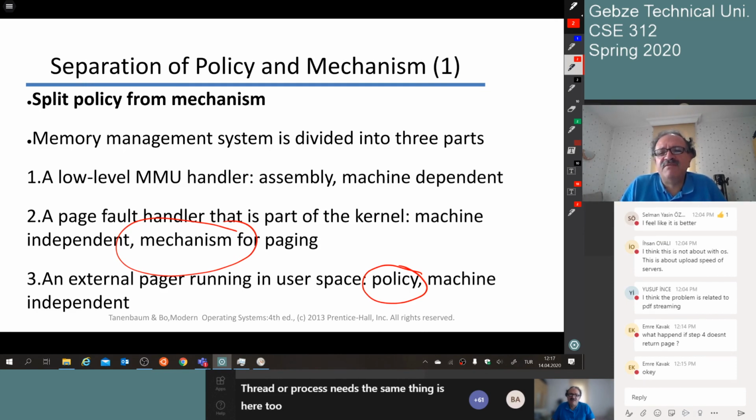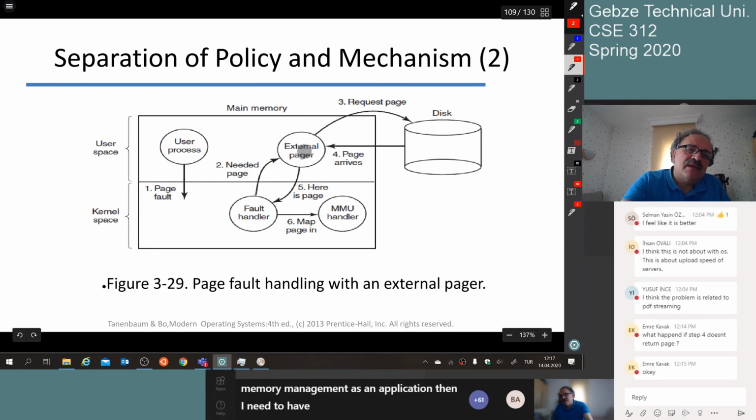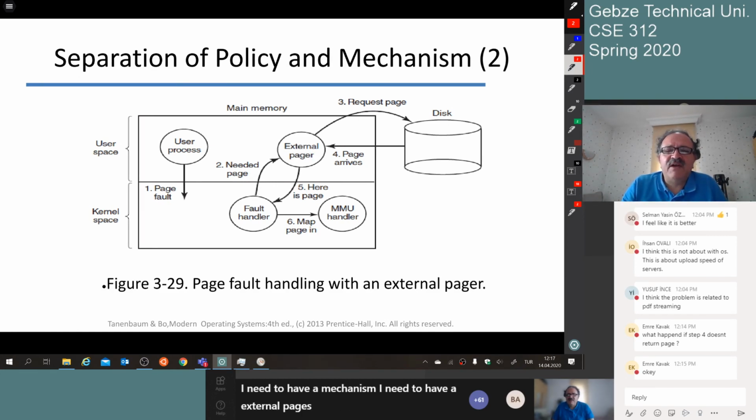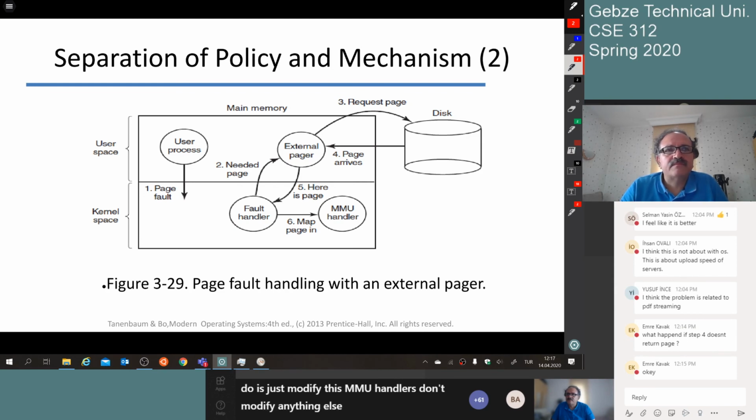If I have special needs for memory management as an application, then I need an external pager like this. In fact, this makes everything more modular. If you'd like to take your memory management code to some other machine, all you need to do is modify this MMU handler. Don't modify anything else. Okay, good. Any questions so far?